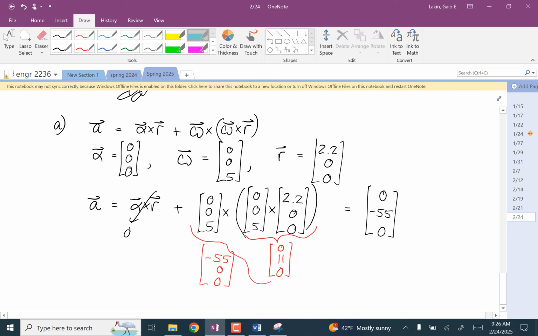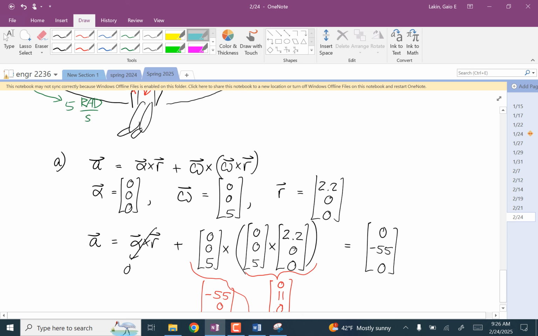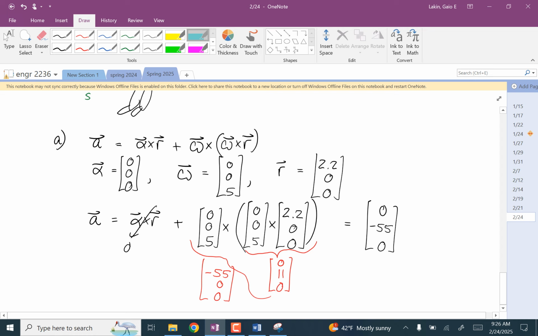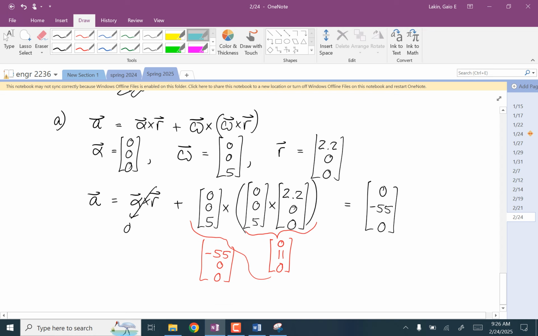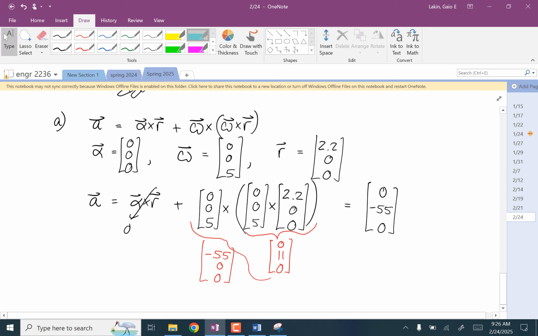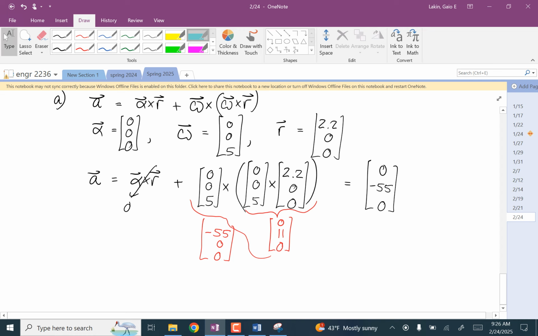That does not make sense. 55. Oh, because it should be in the x direction, negative.